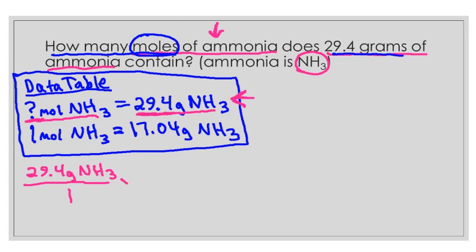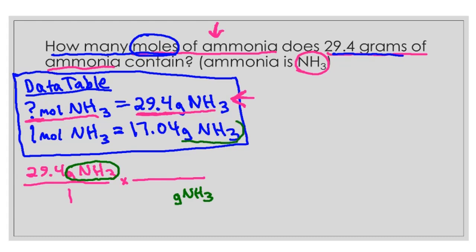And then we're going to draw a multiply sign and a fraction bar. Now the very first unit of measurement that we have up here is grams of NH3. So we're going to put this diagonally opposite on the bottom of this next fraction bar, grams of NH3. And we're going to look up at our data table at the next line where it says grams of NH3.